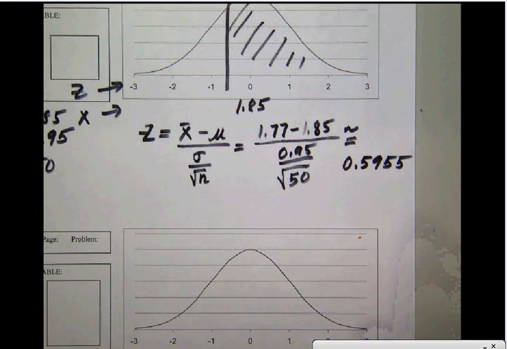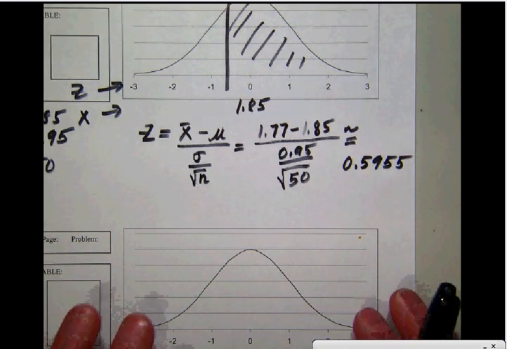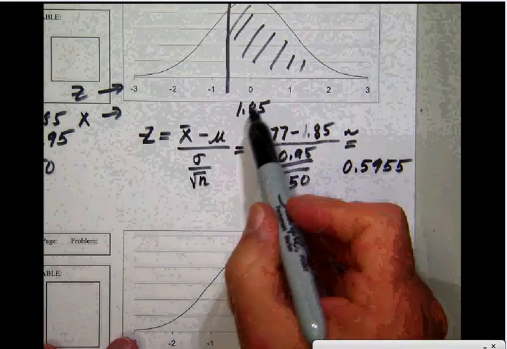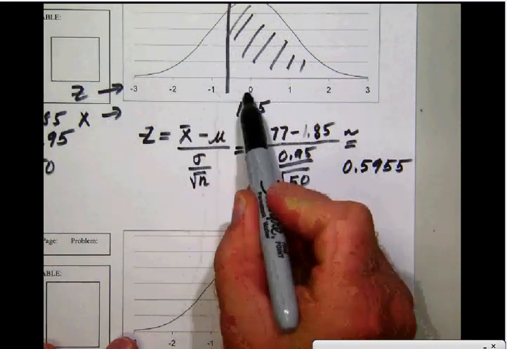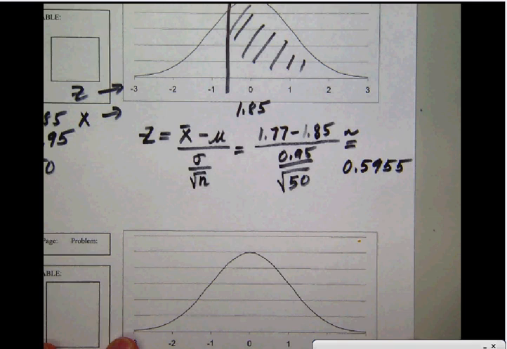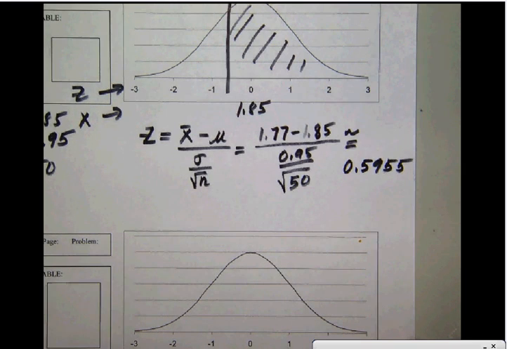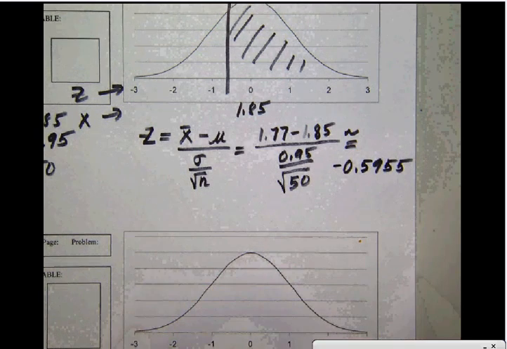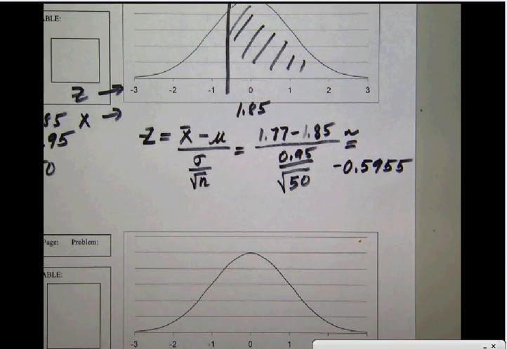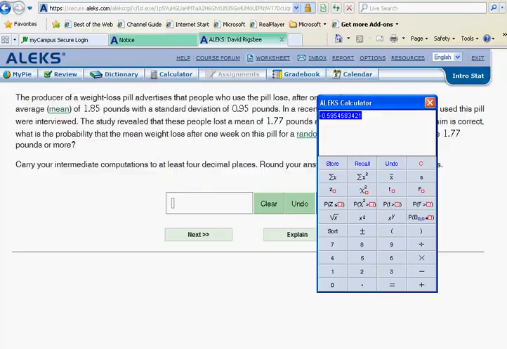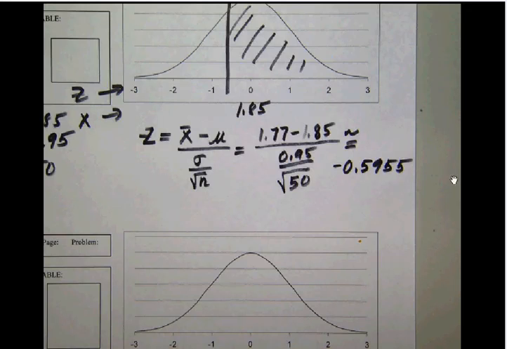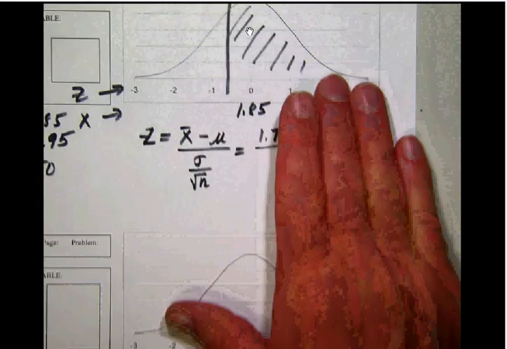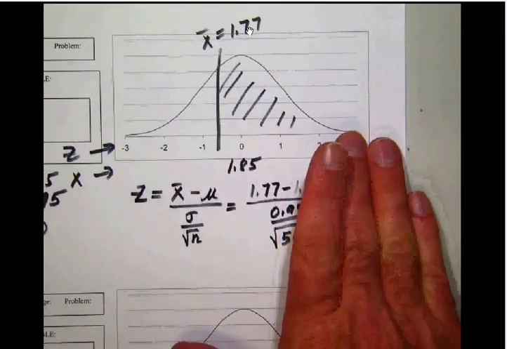Now notice then once again that that is a z-score. That is a value down here on the z-axis between 0 and negative 1, so we can see that that z value needs to be negative. And then we're going to want the area under the curve to the right of that.